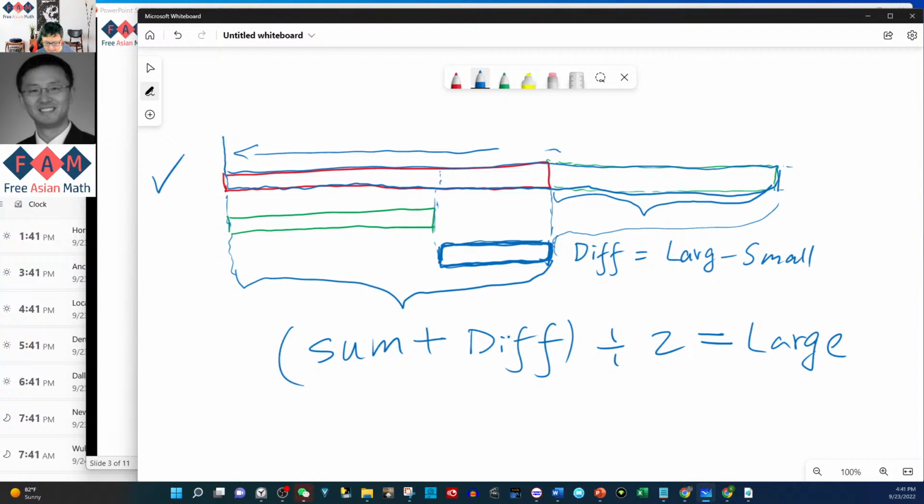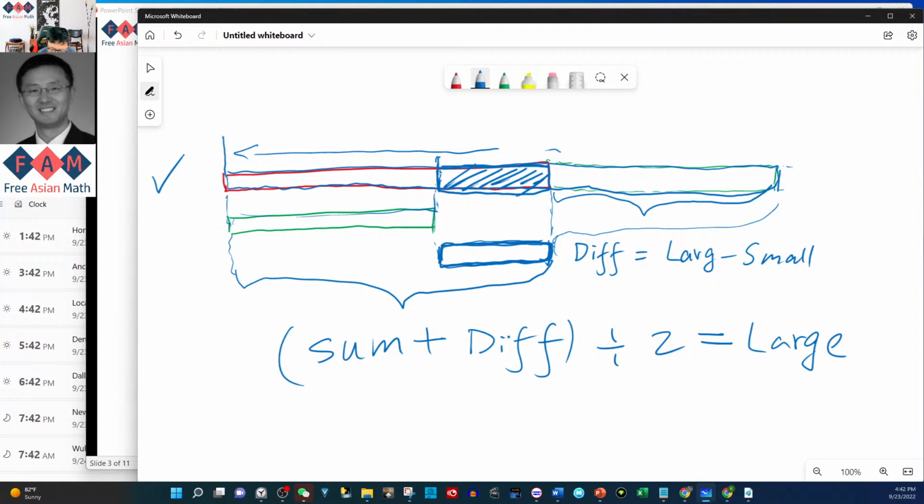If we cut off from the total, the sum, a copy of the smaller or shorter green bar, the difference, cut off right here, what would be the remaining portion of the longer bar, the top longer bar?